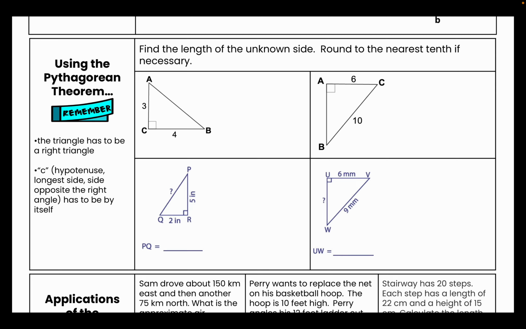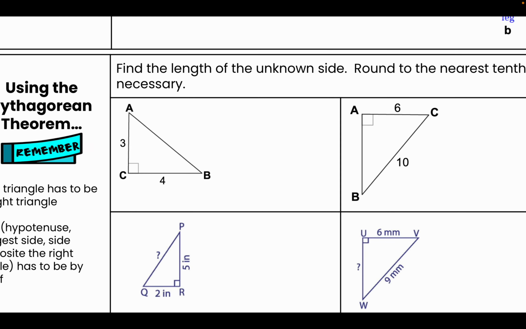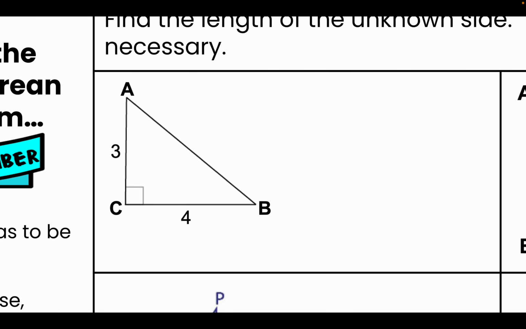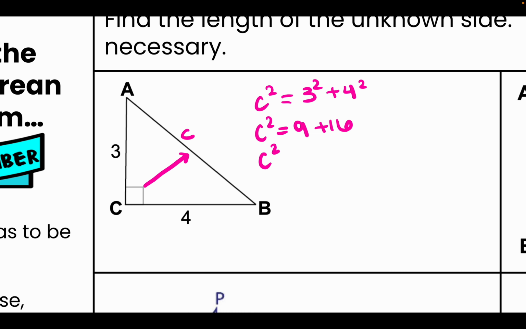So in our first picture, we're going to find the unknown side length and then round to the nearest tenth. First picture, across from our right angle, that is our c. So c squared equals 3 squared plus 4 squared. c squared equals 9 plus 16. c squared equals 25.